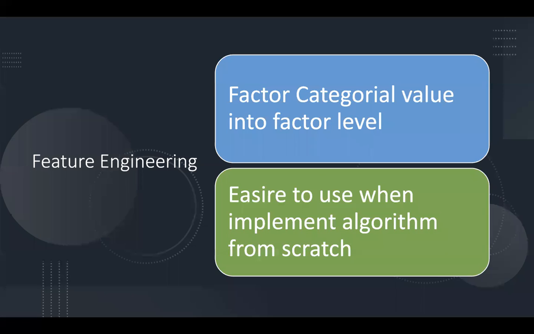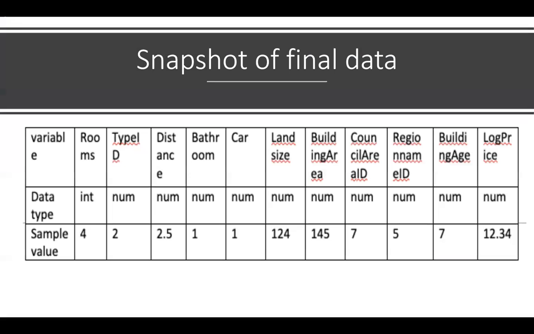We also factor the categorical values into factor levels because the model can only understand the factor levels, not the category values. And it's also easier for us to implement the algorithm from scratch. Here is the snapshot of the final data after we clean and do some feature engineering.